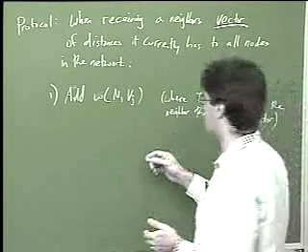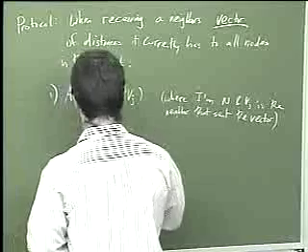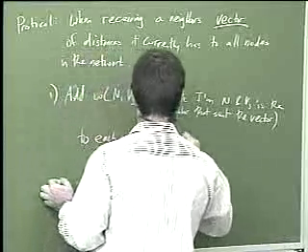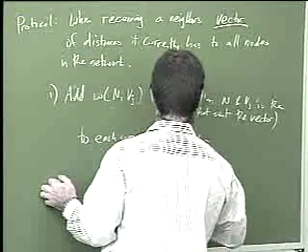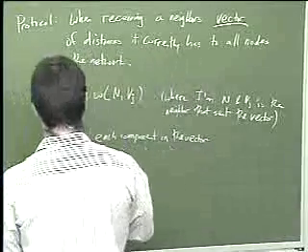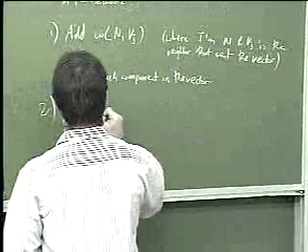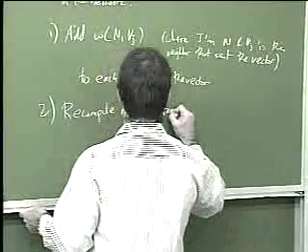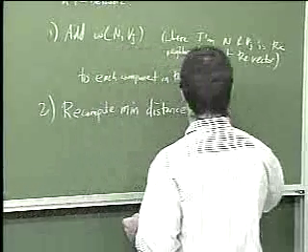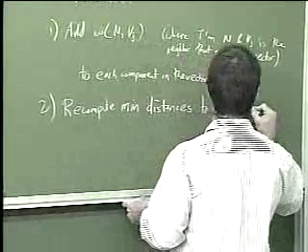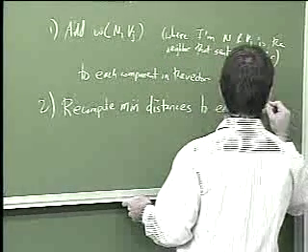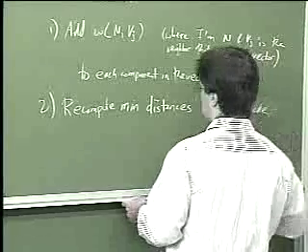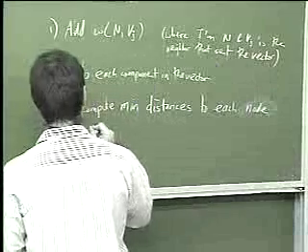Add this amount to each component in the vector. Then two, recompute minimum distances to each node over all neighbors' columns.